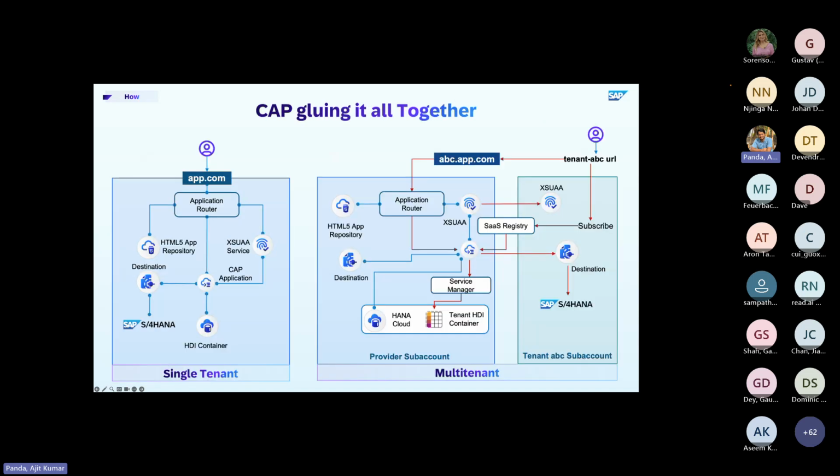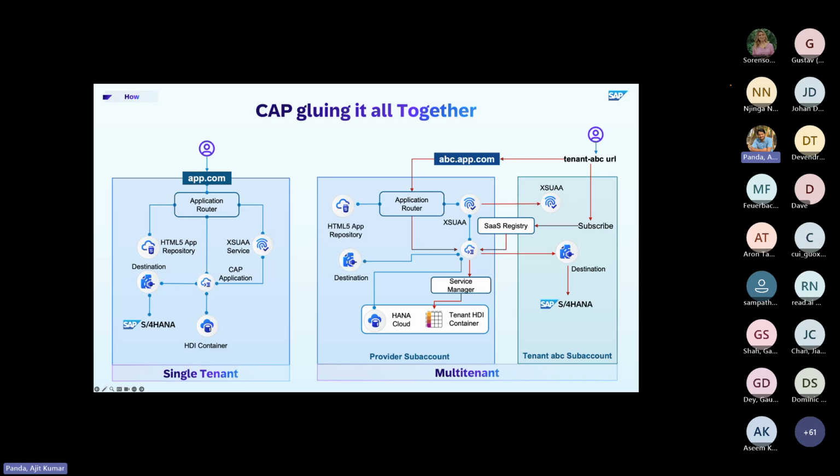Now let's look at how it actually works a bit. How CAP is bringing everything together in a multi-tenant SaaS application. So if you talk about the single tenant, you have the application router, which is your entry point.